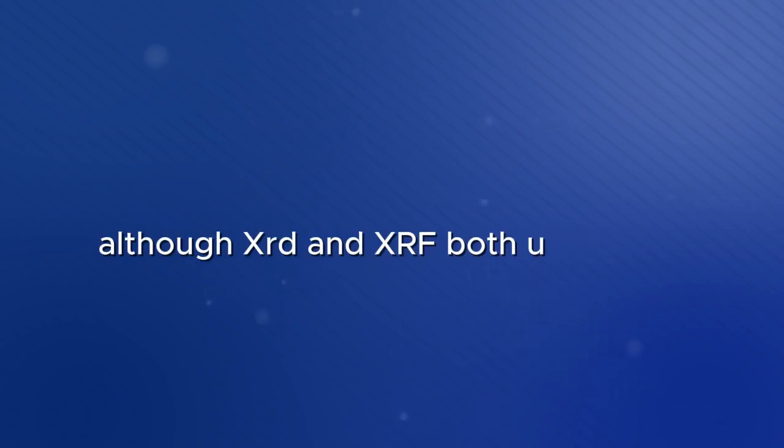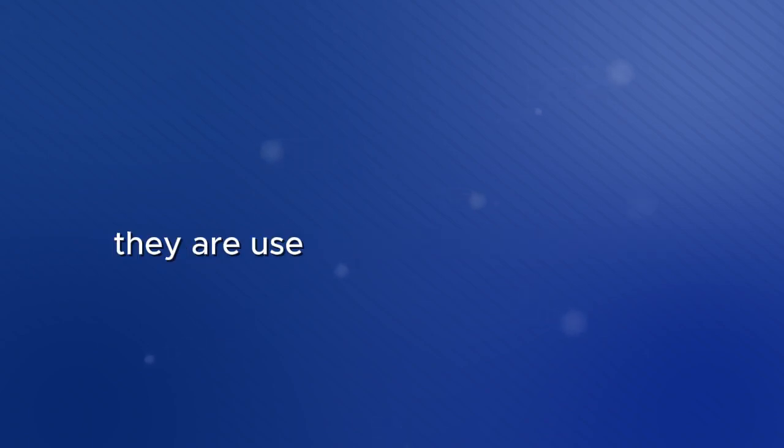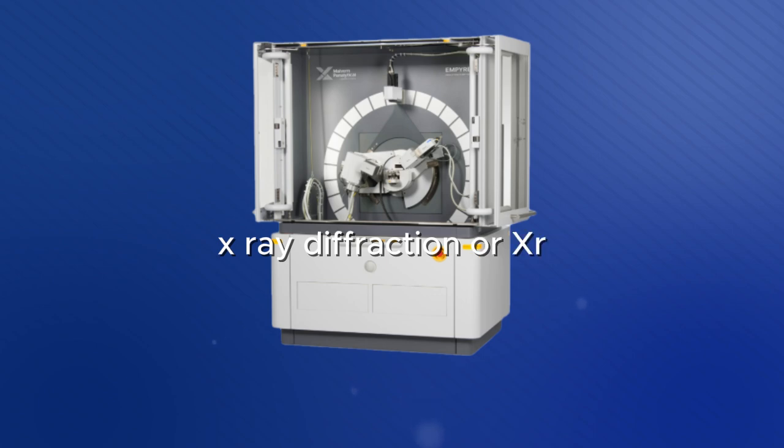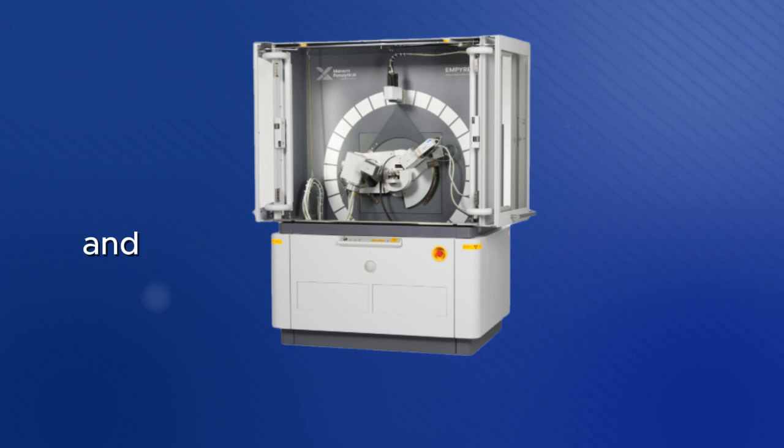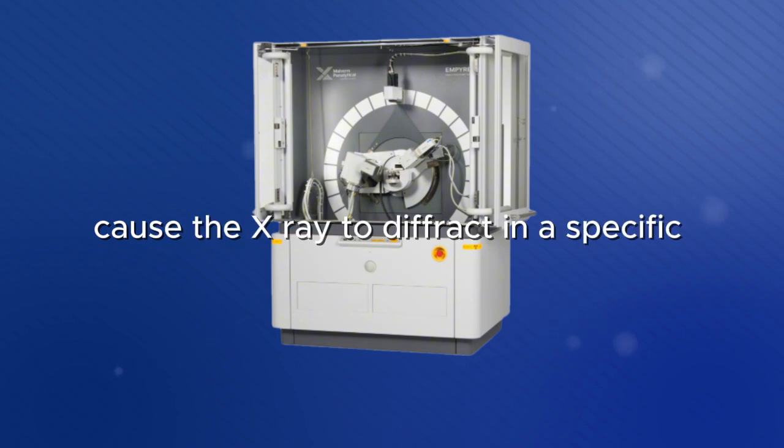Next, we have X-ray analysis. Although XRD and XRF both use X-rays, they are used for different purposes. X-ray diffraction, or XRD, is mainly used to determine the crystalline structure and mineral phases present in a material. Here's the basic idea. When X-rays hit a crystalline material, the atoms within the crystal cause the X-rays to diffract in a specific direction.